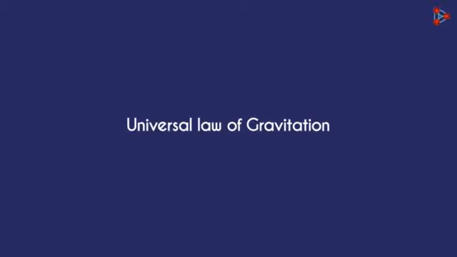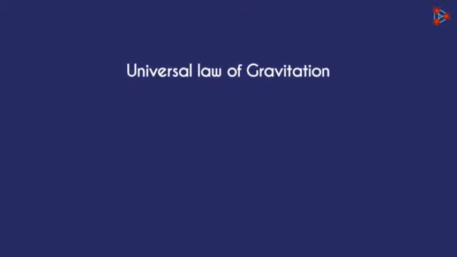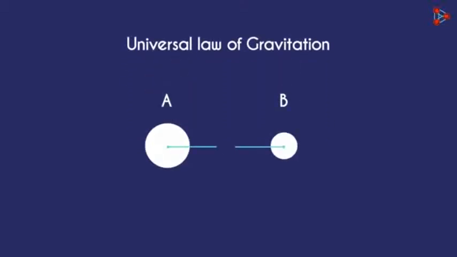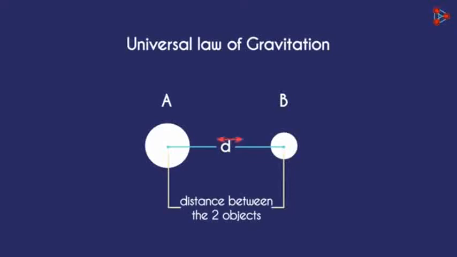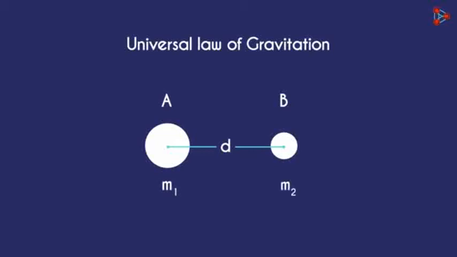This concept is called the universal law of gravitation. Say there are two objects A and B separated by a distance d. The distance between the centers is considered the distance between the two objects and not this distance. Assume that the mass of object A is m1 and that of object B is m2. As object A is bigger, let's assume m1 to be bigger than m2.